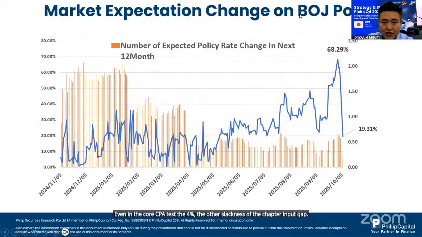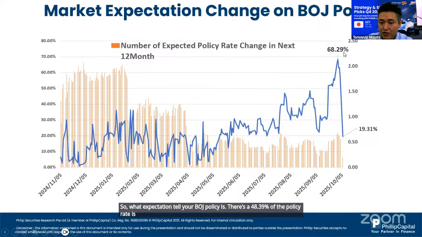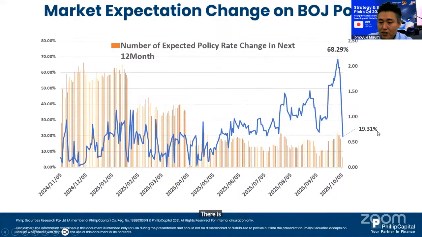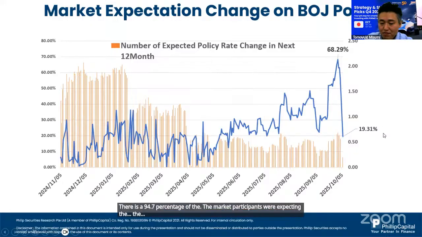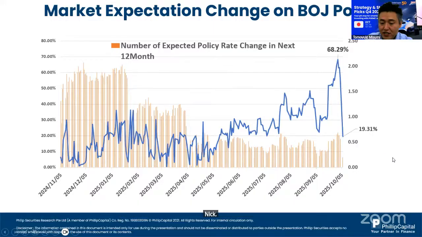Now, the market expectation of BOJ policy change: there was a 48.29% expectation of a policy rate raise at the end of September, but currently 19.31% of market participants expect a policy rate raise at the end of October.